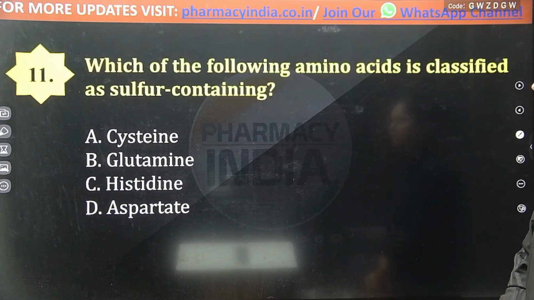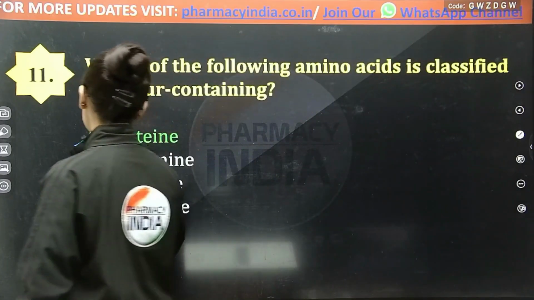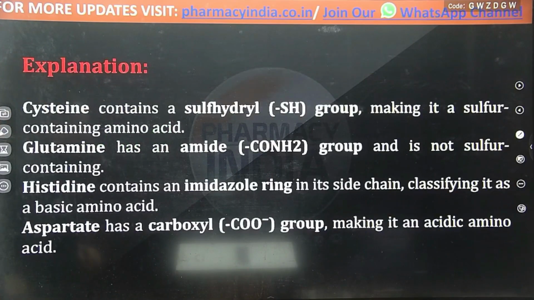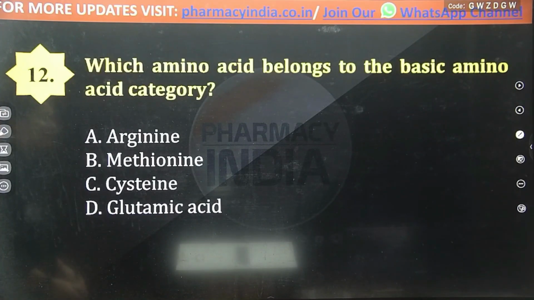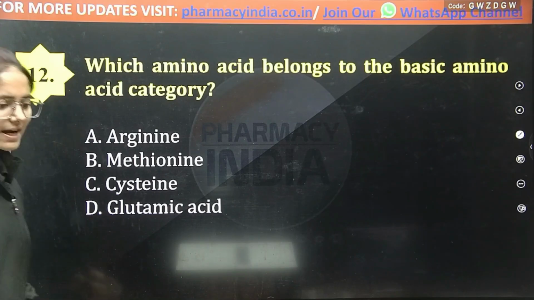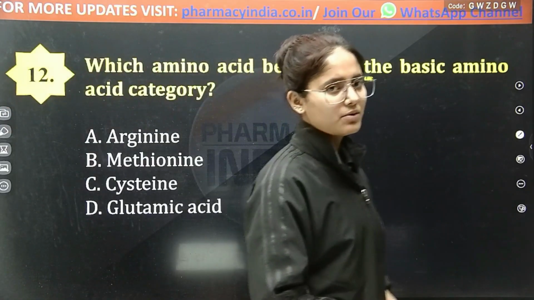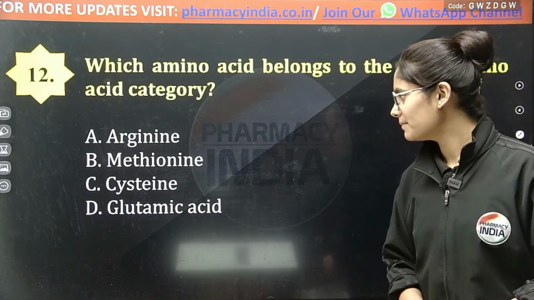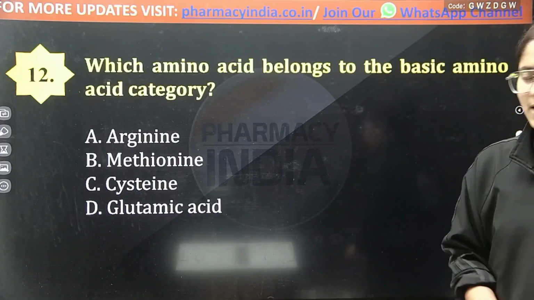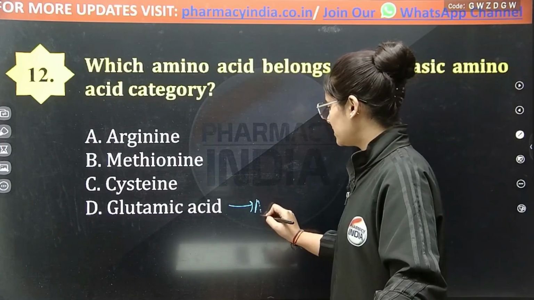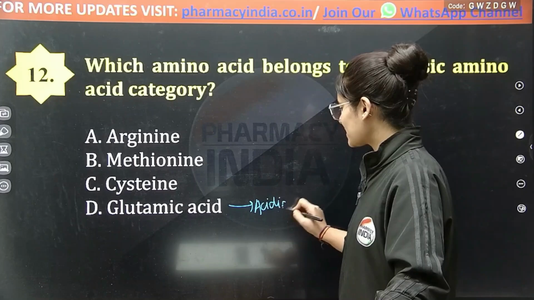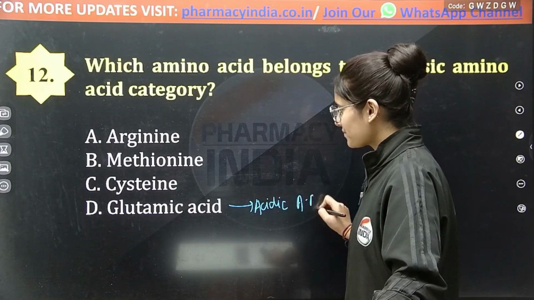Next question, which of the following amino acids is classified as sulfur containing? Same question, cysteine. Okay. Which amino acid belongs to the basic amino acid category? Arginine, methionine, cysteine or glutamic acid. Glutamic acid, as the name implies, is an acidic amino acid.